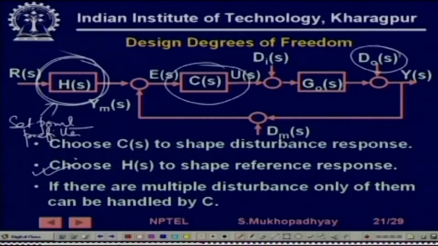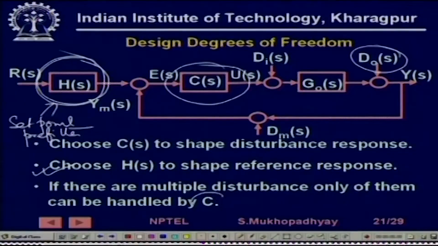Although there are constraints, and you cannot have arbitrary responses realized through this structure, you have now created 2 independent avenues for shaping the reference as well as the disturbance.